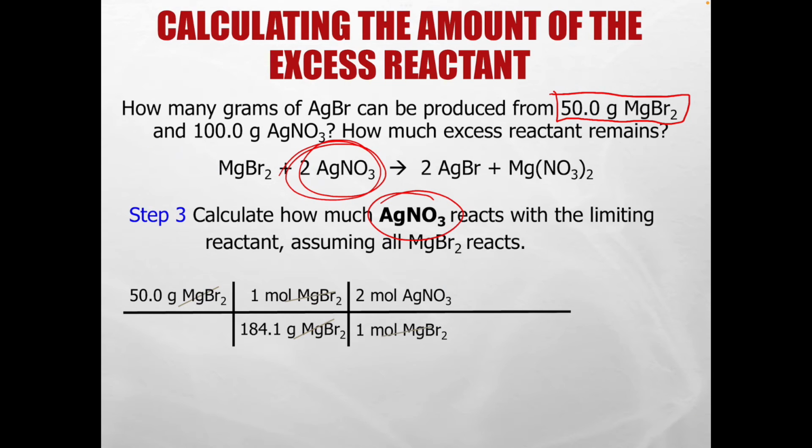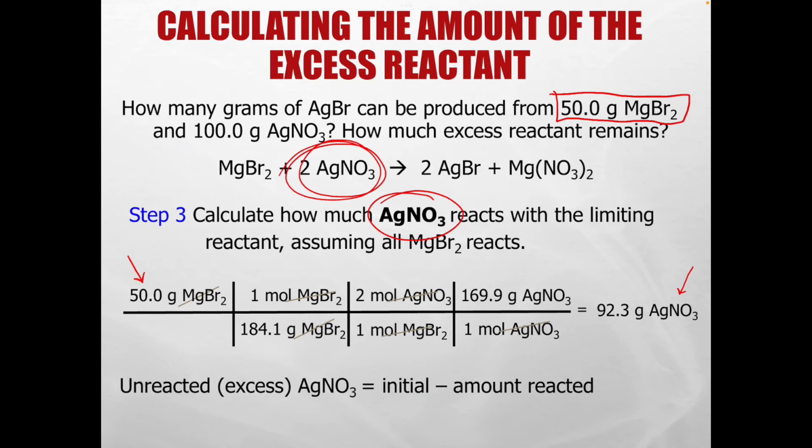Then, since we weigh things in class in grams, we convert our moles of silver nitrate into grams of silver nitrate using the molar mass. So in this calculation, if we start with our limiting reagent, we figure out how much of our excess reagent is actually going to react.